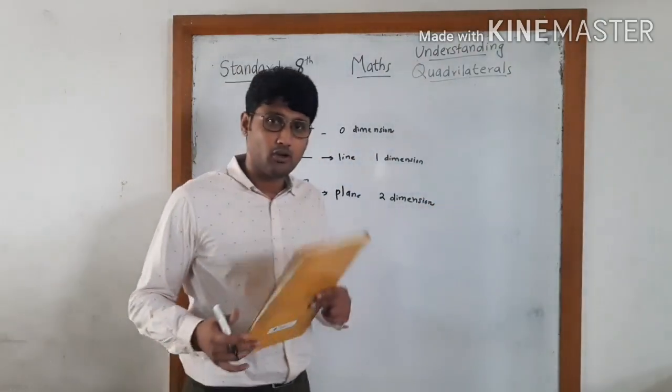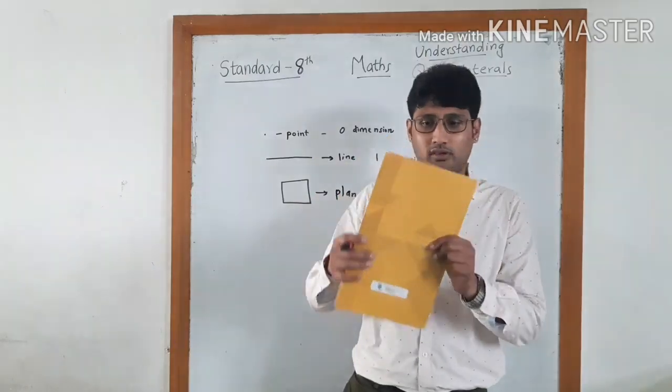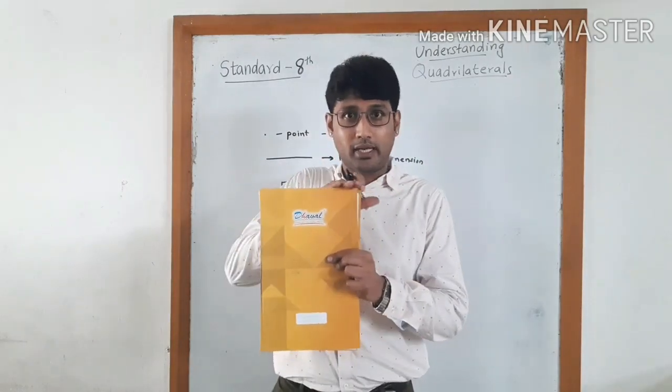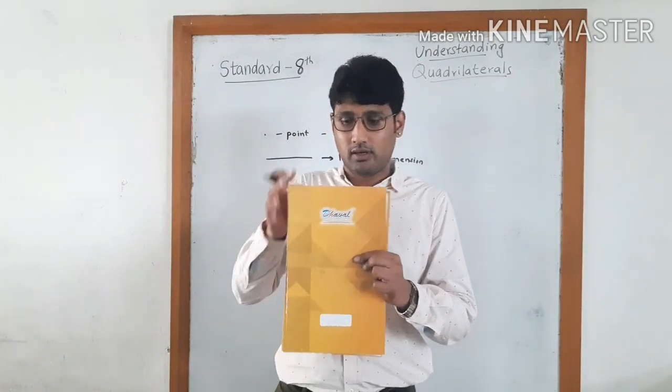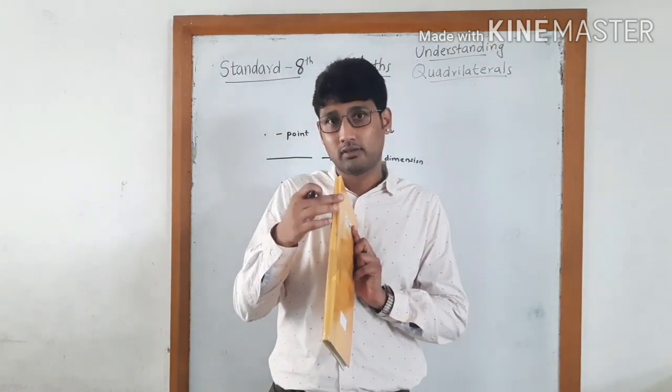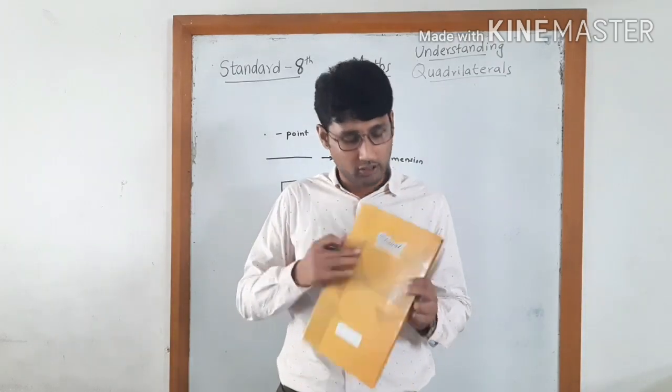You have also seen objects like a book. If you see this book, it has this length, this breadth or width, and this is its depth. So the book is thick, right? So thickness is one more dimension.